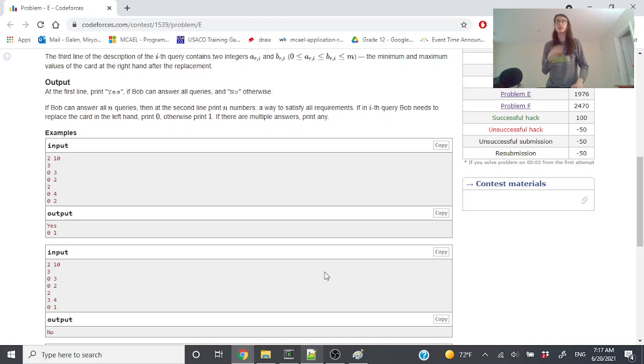Zero 0302 0402. Essentially, that has to be on the left. That has to be on the right. Actually, the state will always be this card and then whatever card we had last time.